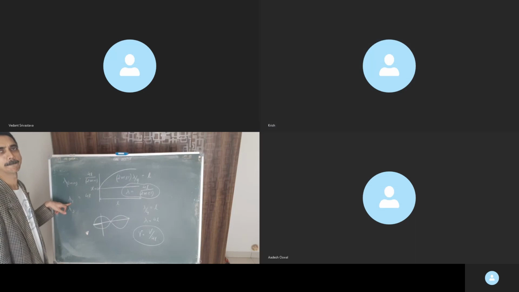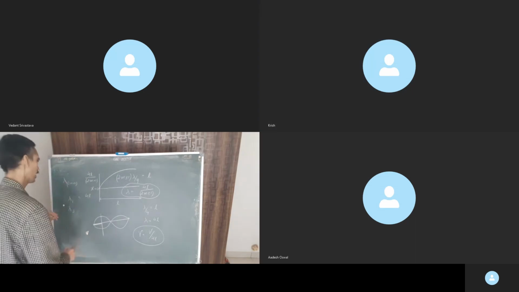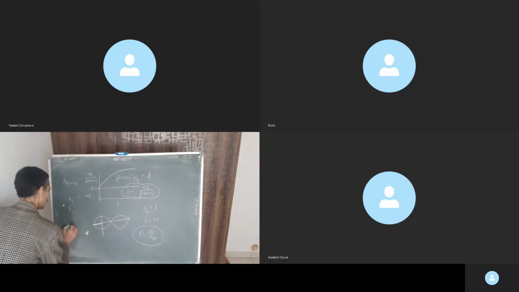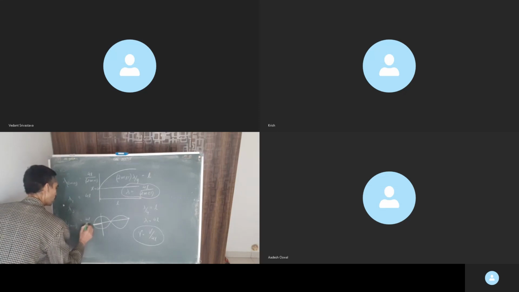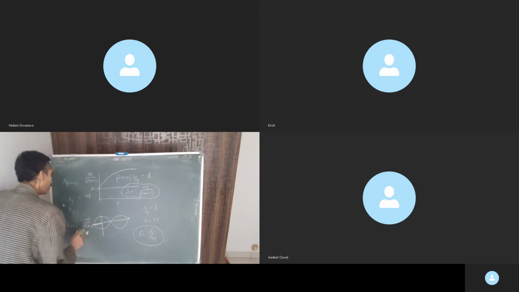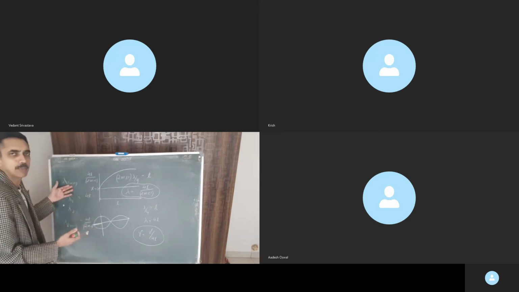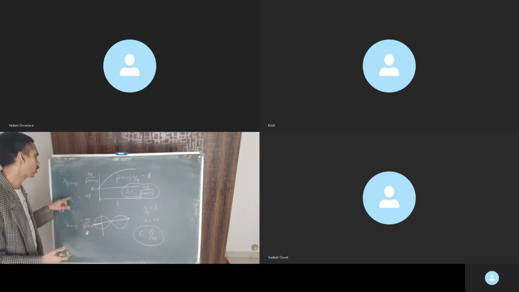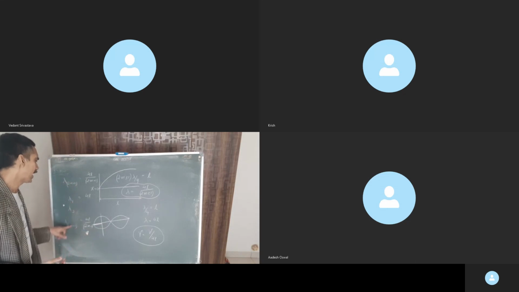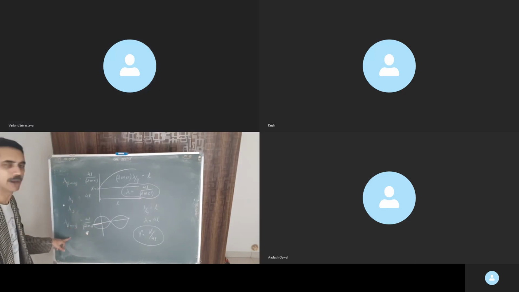Whatever comes to you, you can go ahead with it. Let me write that as well: 2m minus 1. If I am going with 2m minus 1, then I get 4L divided by 2m minus 1. To some, 2m minus 1 will gel more than 2m plus 1. Here m equal to 1 will get you lambda 1. So whichever comes to you, you can go ahead with it.